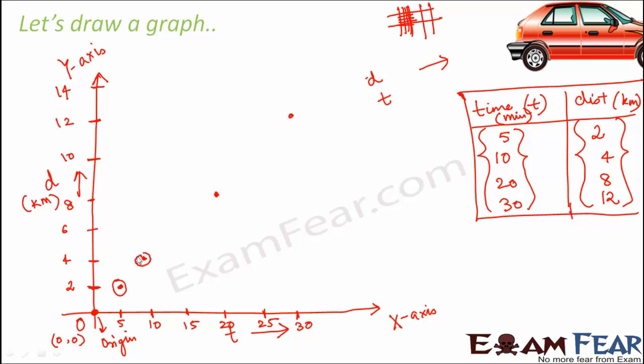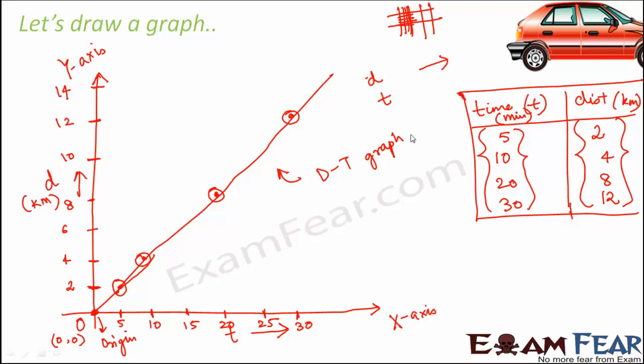Now you got these 4 points from the data that is given about the motion of the car. When you join all of these points, you get a straight line like this. And this represents the distance time graph for the motion of this car.